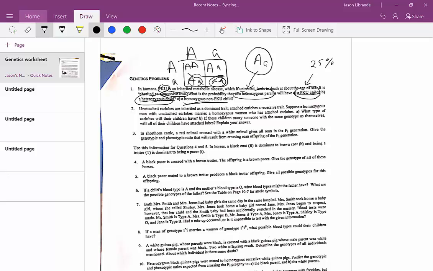We have two of those, so 2 out of 4, so 50%. And then a homozygous non-PKU child. When they say homozygous non-PKU, they essentially mean homozygous dominant. So that's 1 out of 4, so 25%. A pretty straightforward question. Let's erase this.